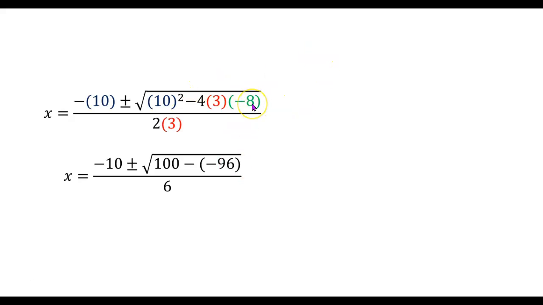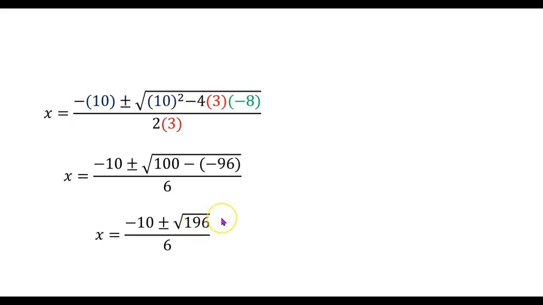C is a negative number. So here we end up subtracting a negative. This is minus -96, which would be the same thing as if we were adding positive 96. So when we go ahead and do 100 minus negative or plus positive 96, we get the number 196 under the square root sign.